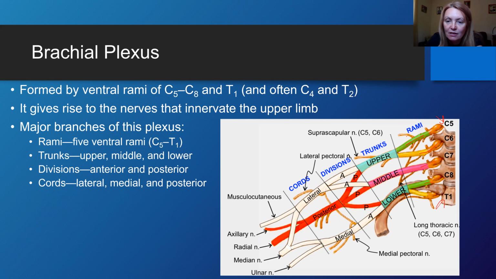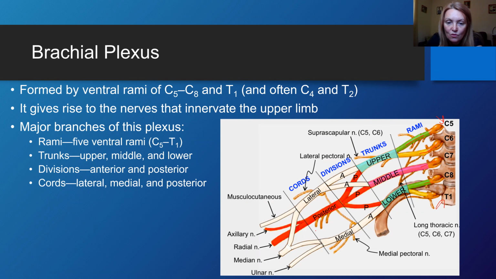The rami form trunks. We have upper, middle, and lower trunk. Then see how part of each trunk goes to the posterior side and part to the anterior, so they form divisions: anterior division and posterior division. You can see nicely how they interlace. Then divisions form cords: lateral cord, medial cord, and posterior cord.